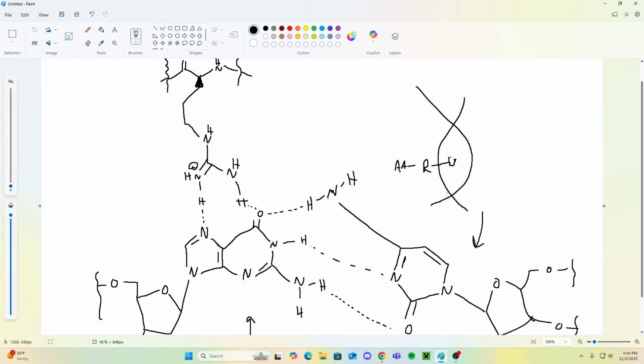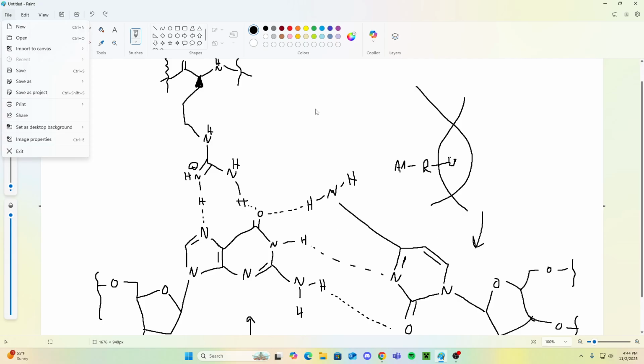So it would be on the major and not the minor, which is in here. And that would be your final answer, is drawing this and then just saying major because of the R group interaction.